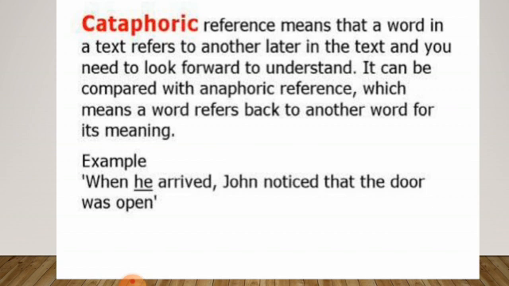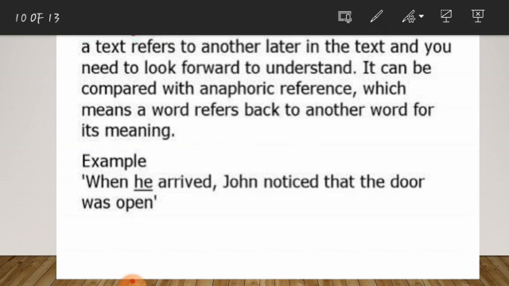He came first, the pronoun came first, John later, the antecedent came later. Is this understandable? So the antecedent came later, so this refers forward in the text. That one refers backward in the text, and this one refers forward. So I hope the concept of anaphoric and cataphoric is clear to you.